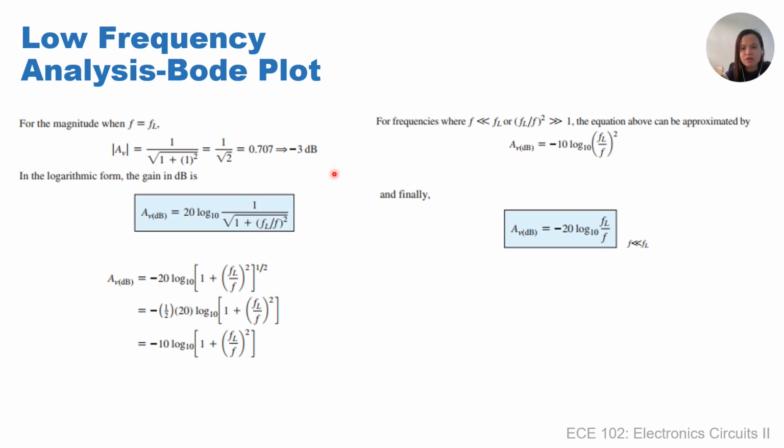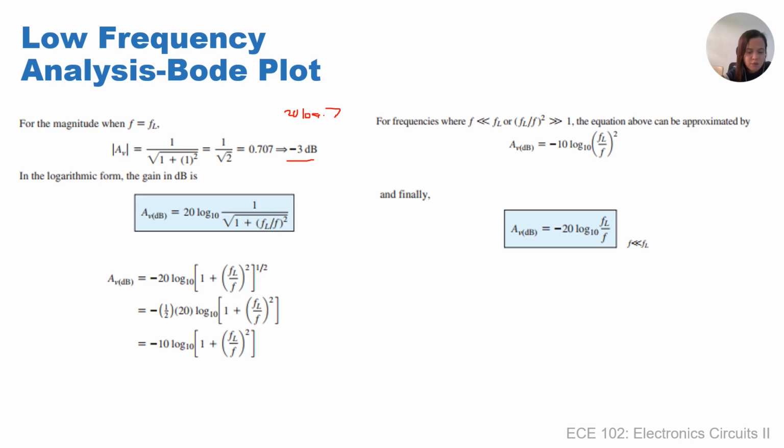When we use the logarithm, the formula for determining the dB of the gain, we have 20 log of 0.707, which gives negative 3 dB. So that would be the value whenever the frequency is equivalent to the low cutoff frequency, or the corner frequency.